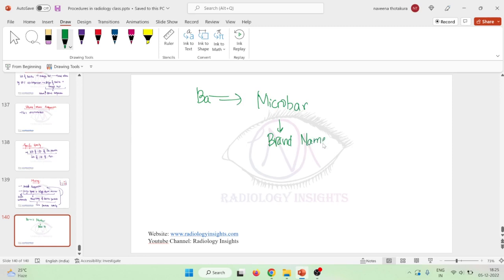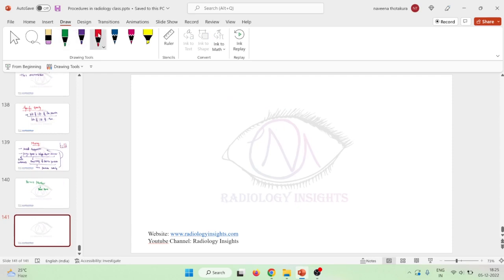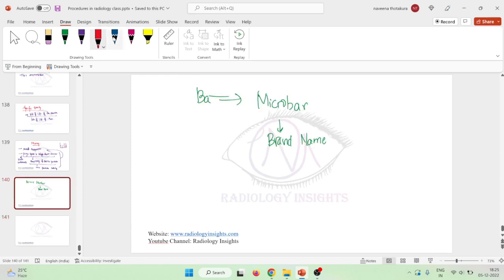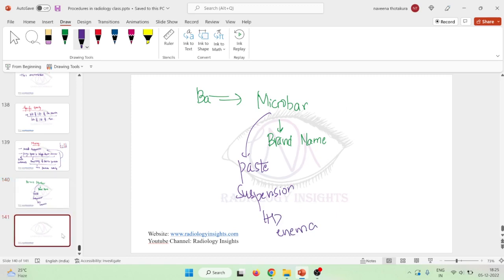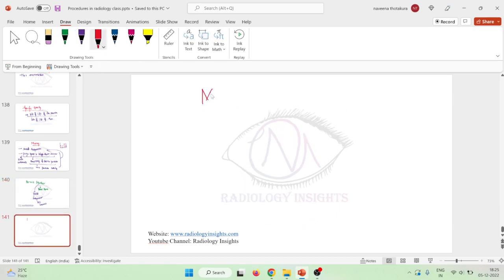Microbar is available as Microbar paste, Microbar suspension, Microbar HD and Microbar enema. These are the commercially available Microbar products. We will see each of them in detail.